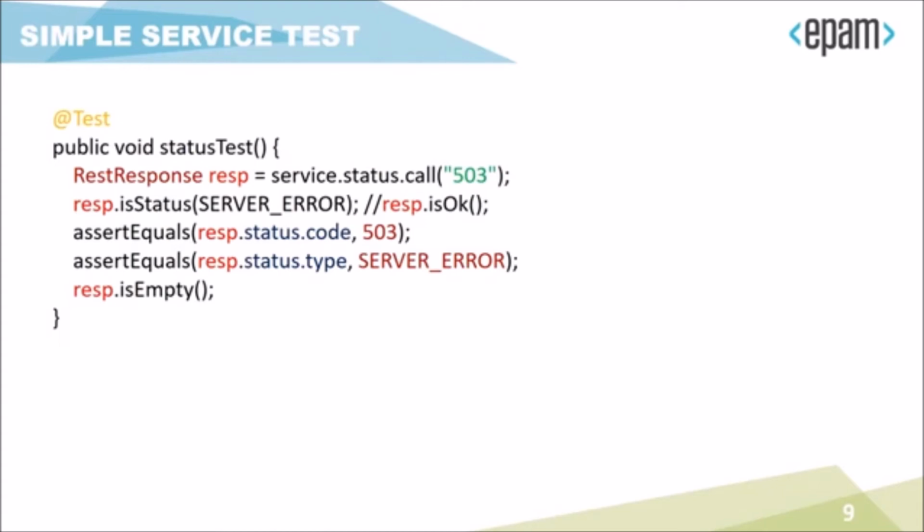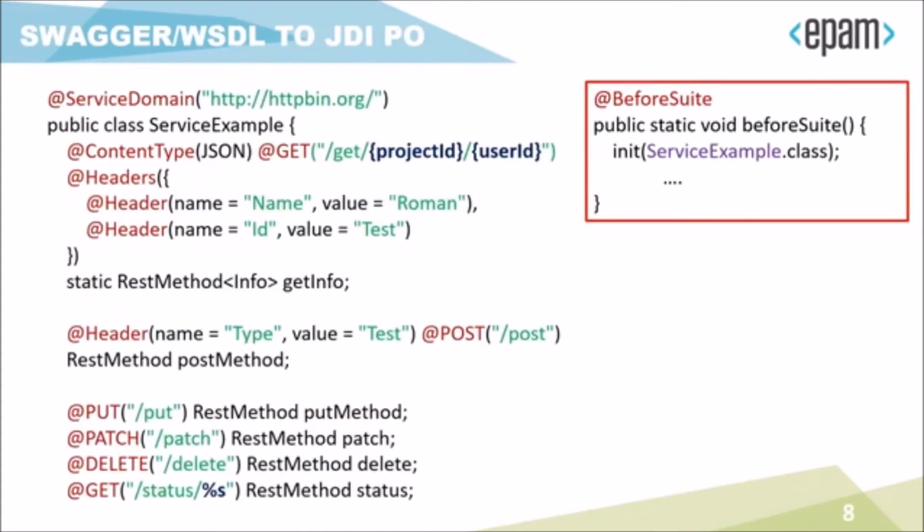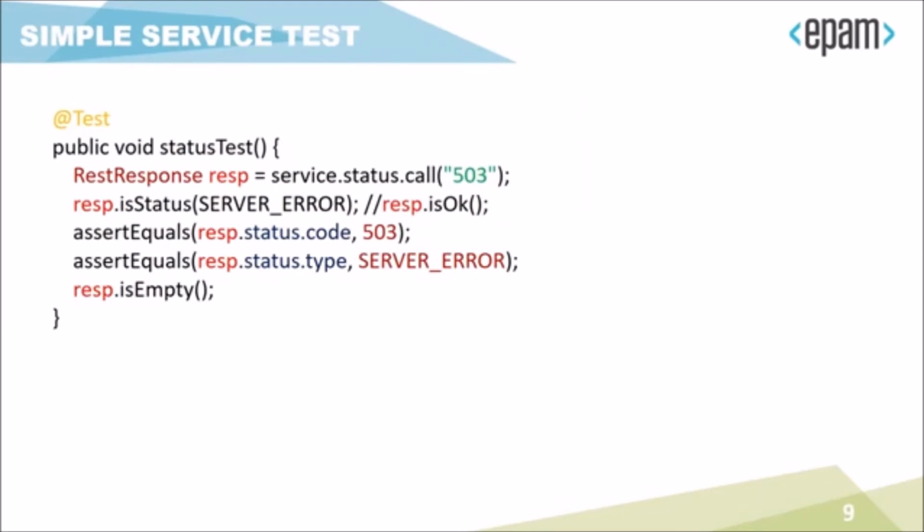You just can call your request, like write my awesome service method status call. You can put some parameters here if you have them in the template for your methods, or you can just leave it empty. As a result, you will get a REST response, and you can do some things with it.